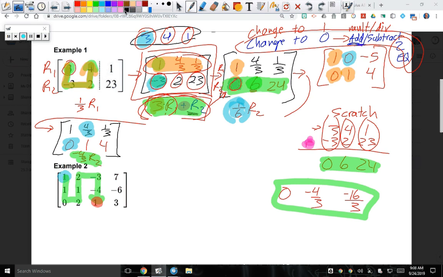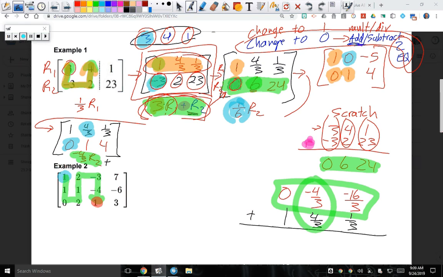Keep going. And we're going to add what? We're going to add row 1. Row 1 is 1, 4/3, and 1/3. And this is why I keep saying I think you should try to add opposite signs rather than trying to subtract, because it gets a little bit confusing when you try to subtract. Okay?